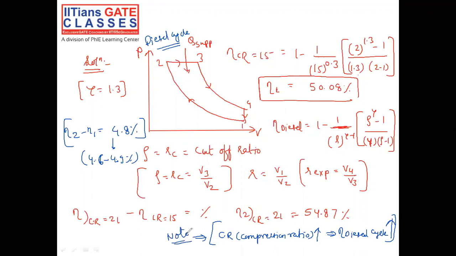They can ask it in an objective question; they can frame from the subjective, whatever the conventional question is, whatever data we have, they can frame the question for the objective point of view also. So whenever the compression ratio increases, efficiency increases, as we have seen, the efficiency increases from 50.08 to 54.87 percent. So that is all regarding the applied thermodynamics questions for mechanical set 1 and set 2. So thank you guys.